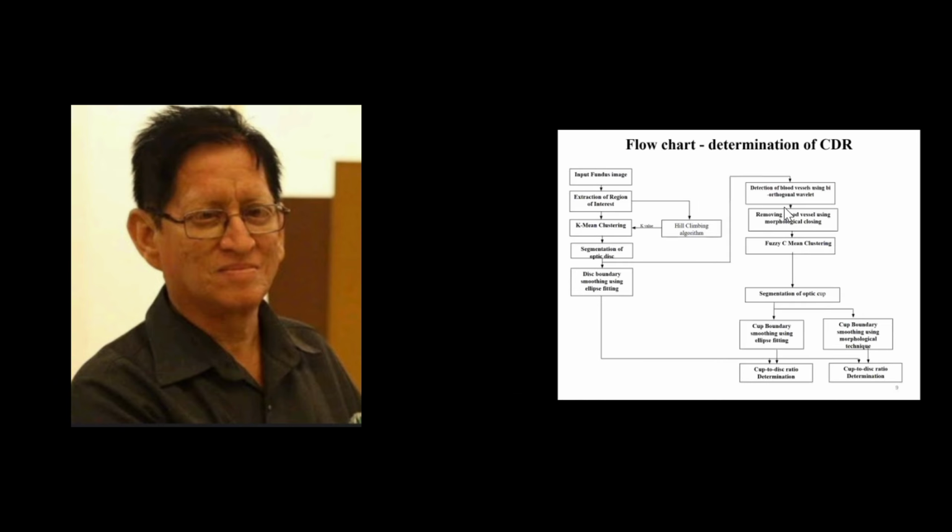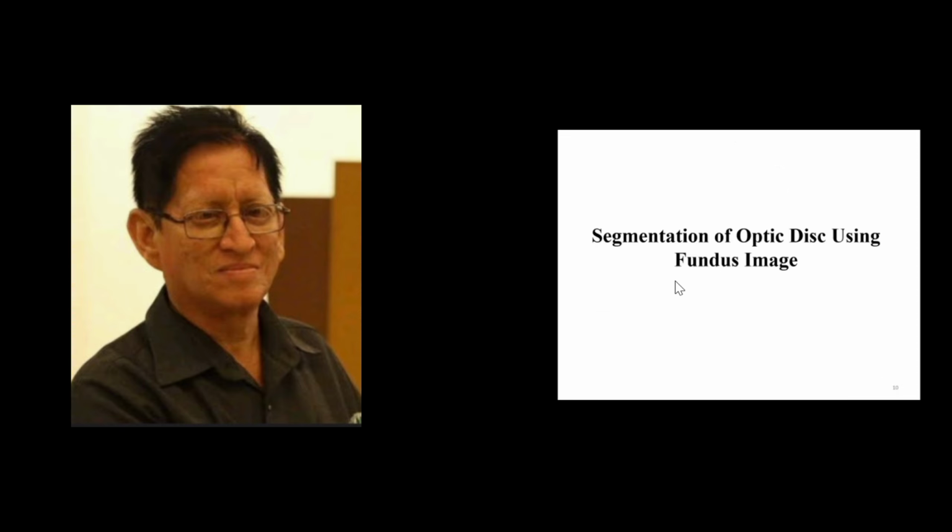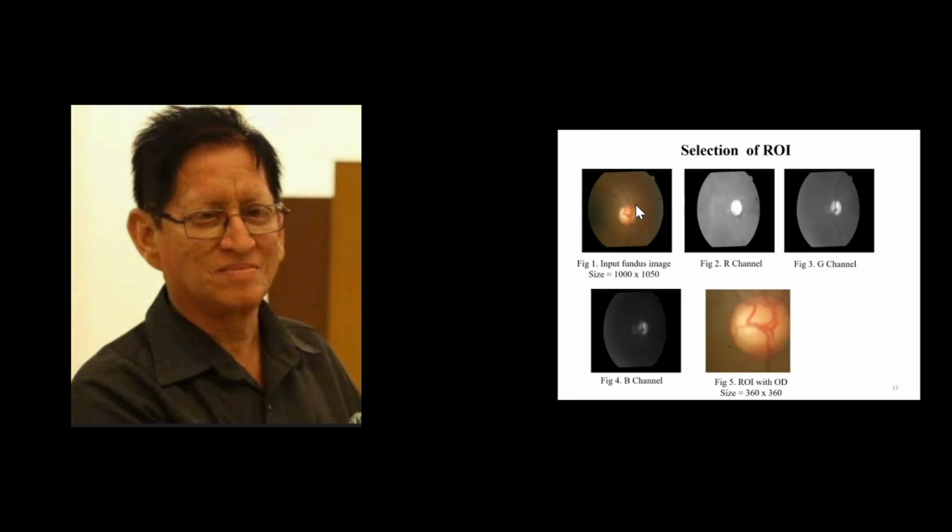This is the complete overall proposed block diagram of our system. First of all, we segment the optic disc using the fundus image. This is the input fundus image. First, define the image size, 1000 by 1050.